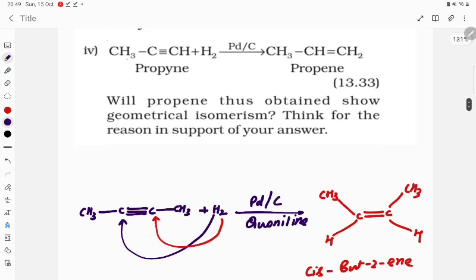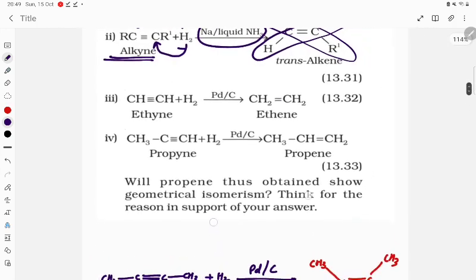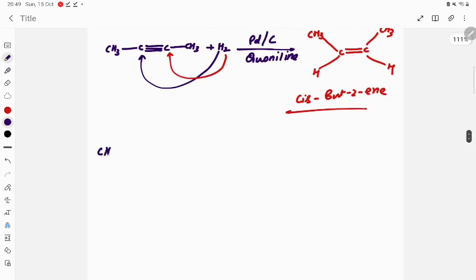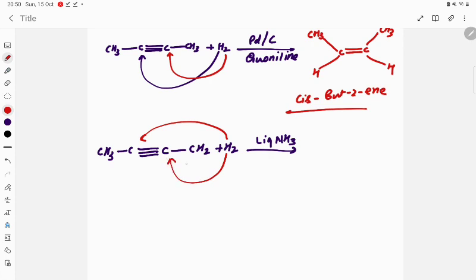This is the trans. Now here you see, let us see the CH3, this is the C, this is the triple bond C, this is the CH2, that again we are taking H2, and what we are taking is liquid ammonia, NH3. So what will happen, one hydrogen from here, another hydrogen here.